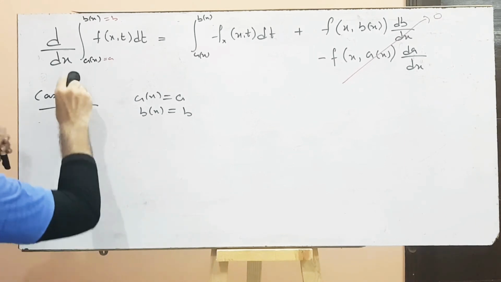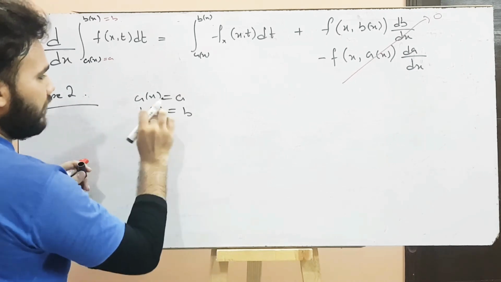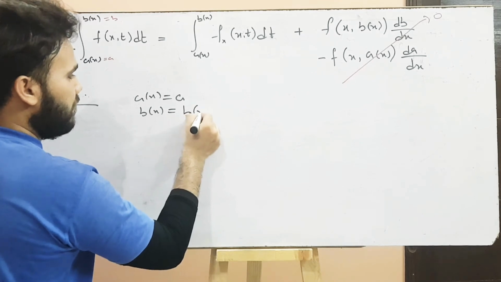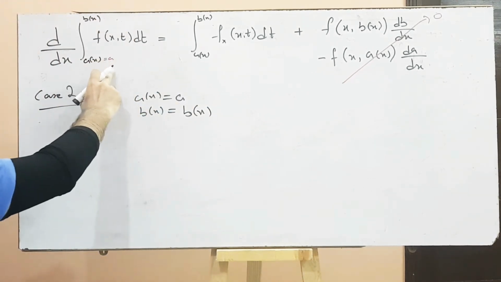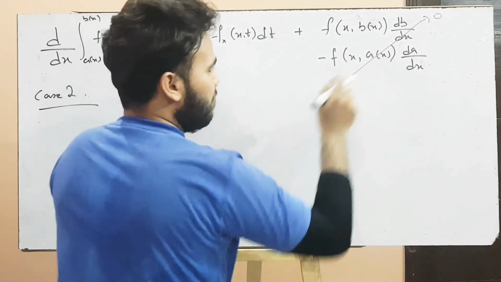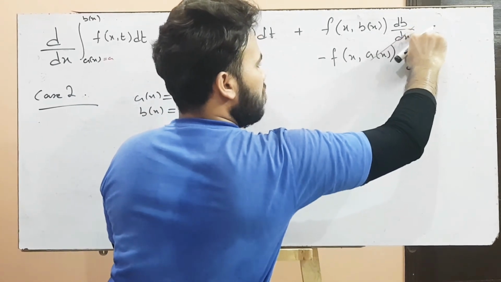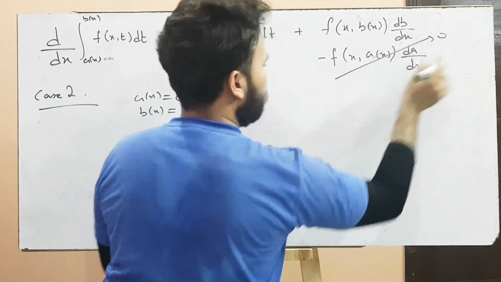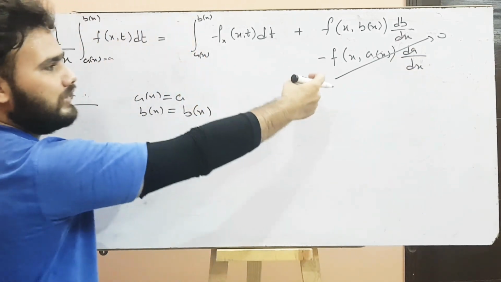Now case number 2, where a(x) is just a, a constant, and b(x) is a function. If the lower limit is constant and the upper limit is variable, then this term will be 0, because a is constant, so the derivative of a with respect to x turns this term into 0.